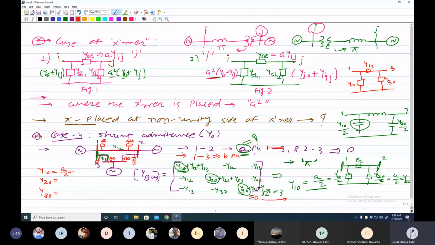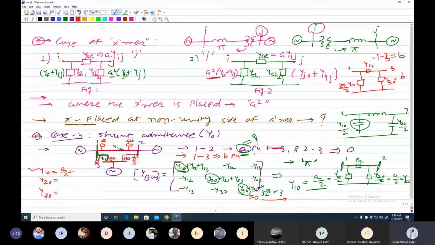So what is the value of Y10 from this diagram? For 1-3 it is B by 2. Very good. Between 1 and 3 it is given B, so B is equally divided on both sides. So it is B by 2.